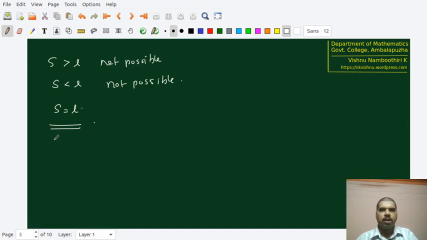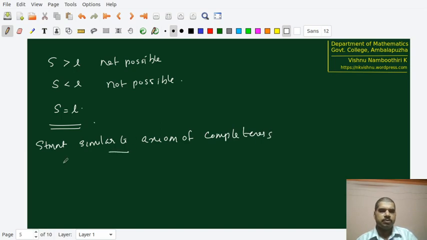Now we can prove not actually an axiom, but a result that is similar to the axiom of completeness that involves the existence of infimum for every bounded below set. The statement is precisely the following. Statement similar to the axiom of completeness: let A be a subset of R, bounded below and non-empty.